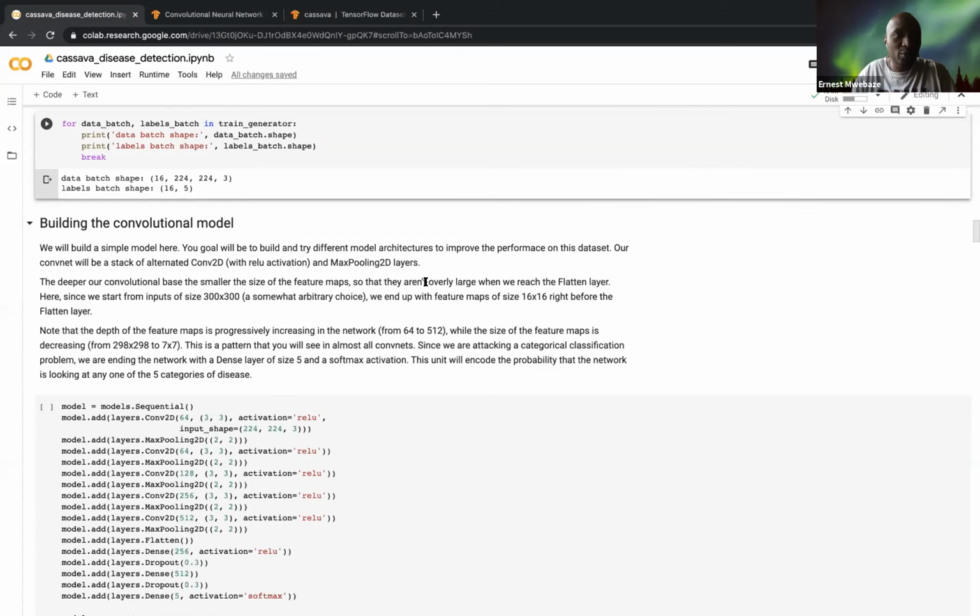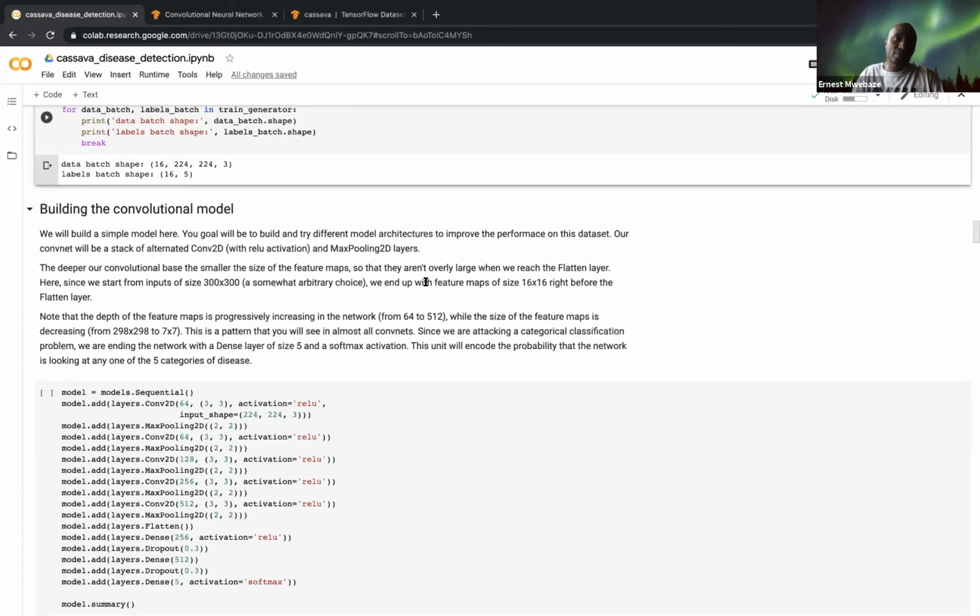So we build a simple model here, and you can try different model architectures. As I'm sure you've learned in the deep learning class, architectures are basically stacking different types of layers on top of each other. You take an image, pass it through these layers, and it will generate different image representations. This passing of images through different layers is a way of extracting features.